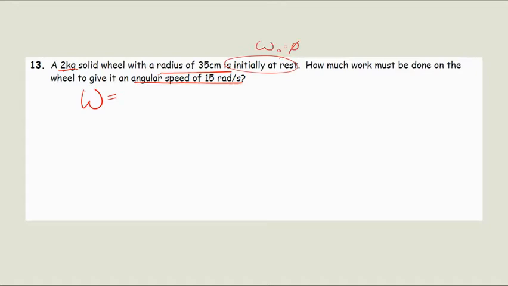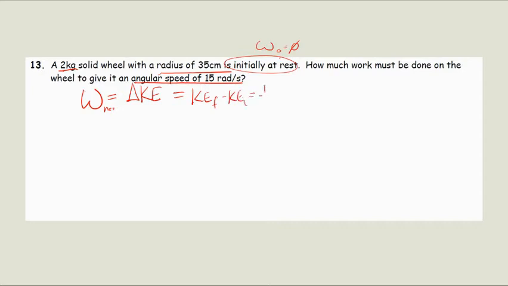Now, when we looked at work in our last unit, we looked at the fact that our net work is equal to our change in kinetic energy. So that's going to be equal to our kinetic energy final minus our kinetic energy initial.